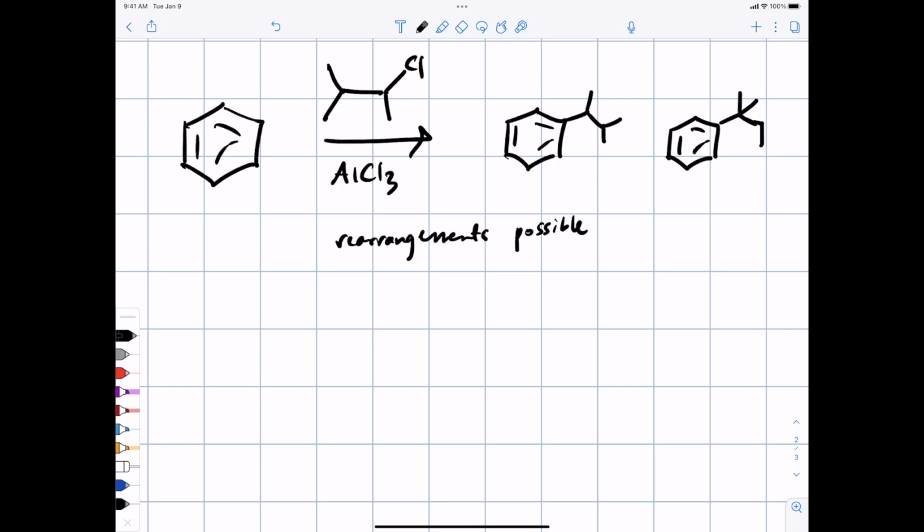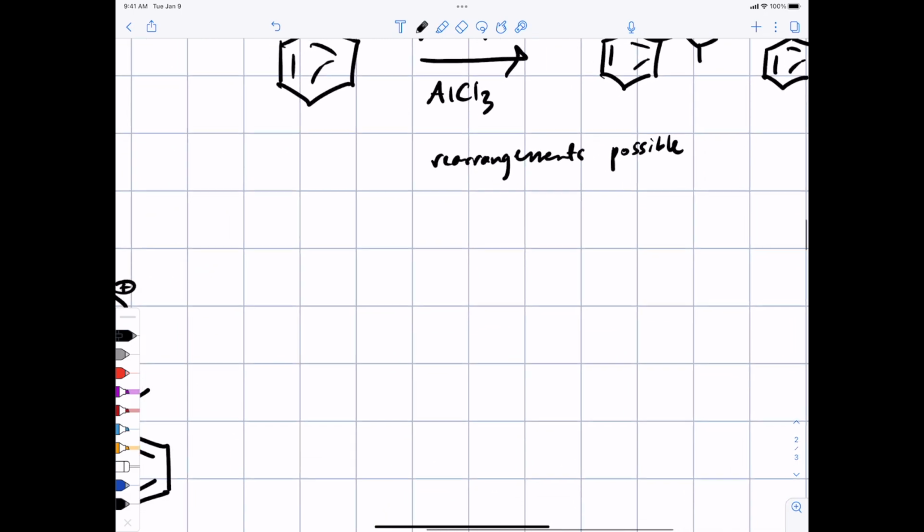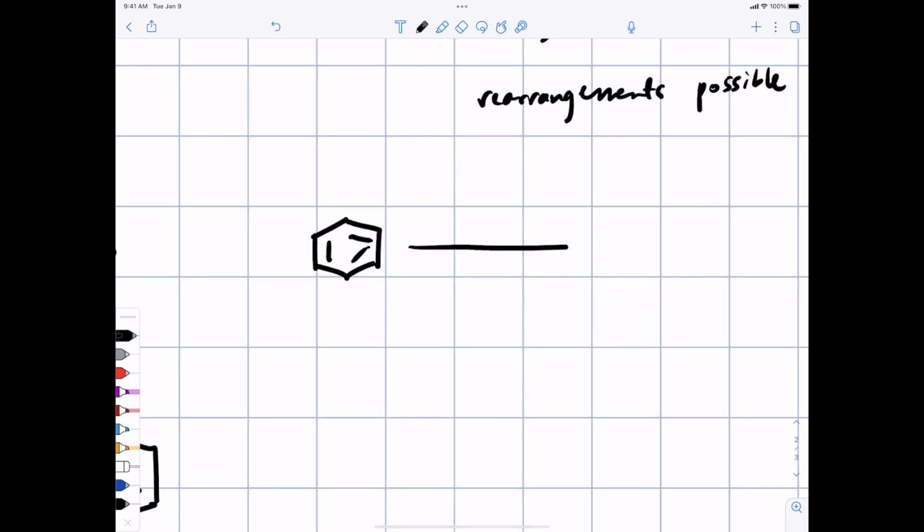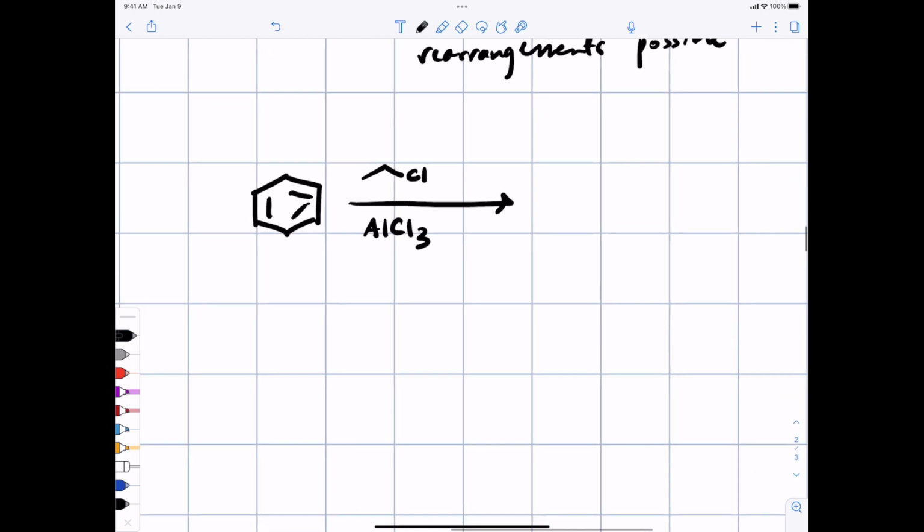Okay. It gets worse than that. There's evidence that you can generate alkyl benzenes even with primary alkyl halides, where you would worry that primary carbocations aren't good intermediates, and they're generally not.